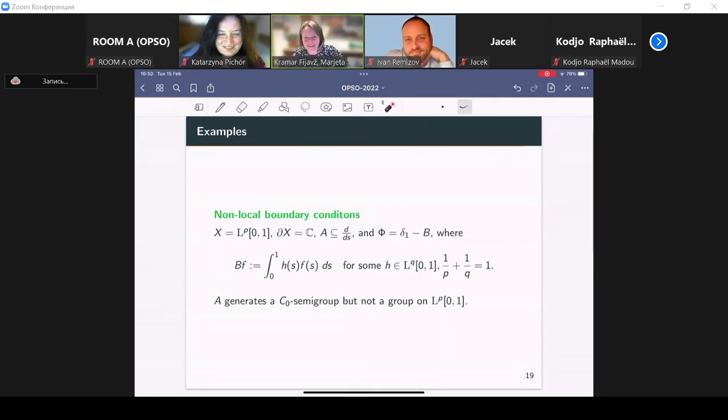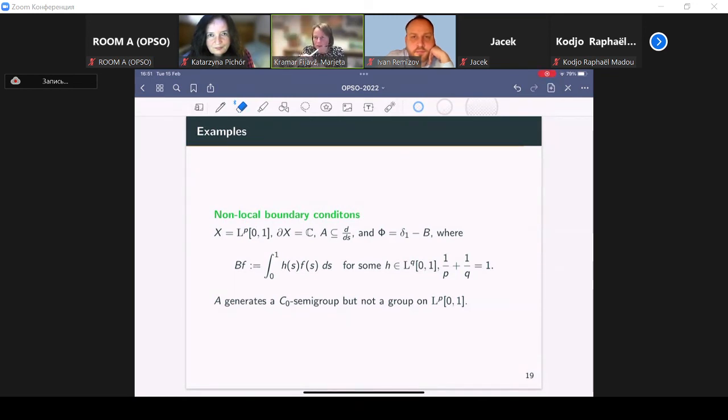Let me end with this very last example, because I wanted to show you also that non-local boundary conditions are possible here, which maybe make not so much sense because you have a graph and I'm always saying that the boundary conditions should somehow reflect the structure. But anyway, it can happen that in the boundary condition you have the structure of the graph, but also some information from some other parts come into place.